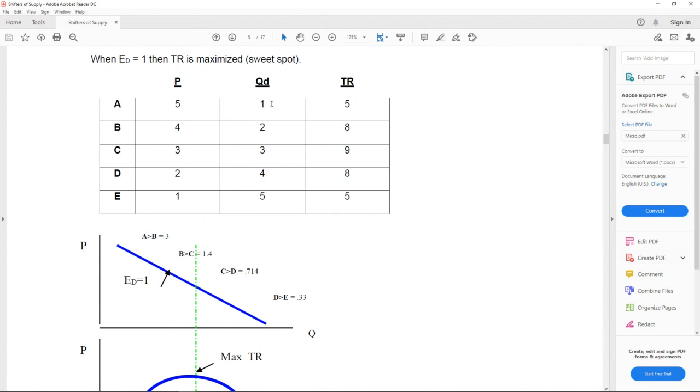They'll say at a price of 4, they want 2, and the price of 5, they want 1. Don't let them trick you. We're going from left to right on the demand curve, not right to left. So whenever they give you a data set, make sure you put it in the proper order.